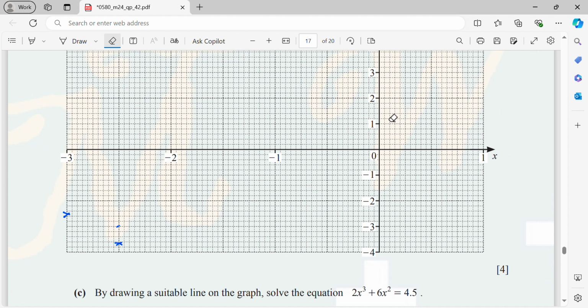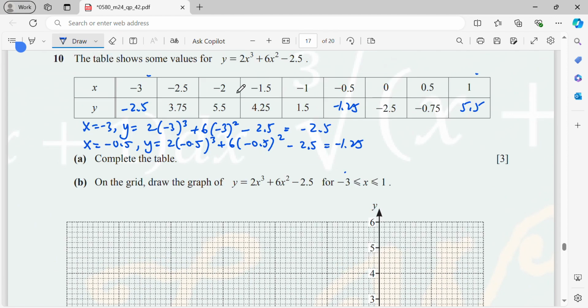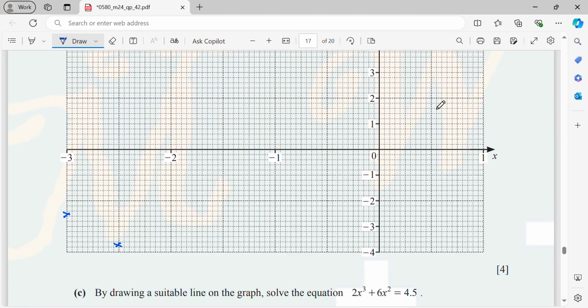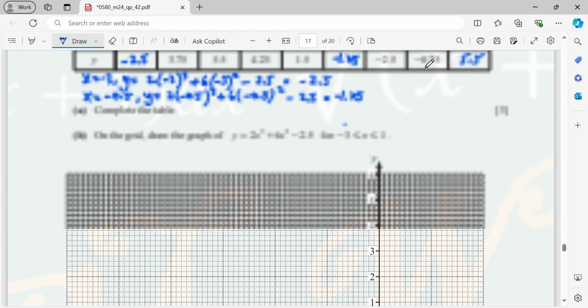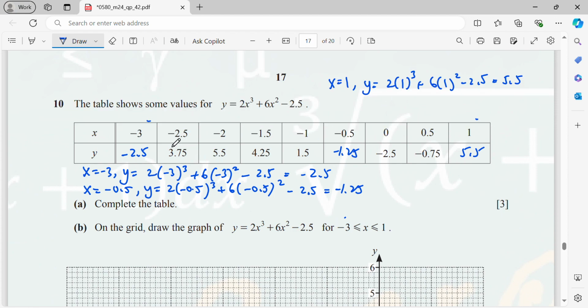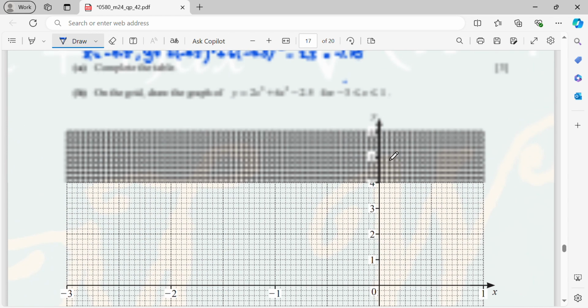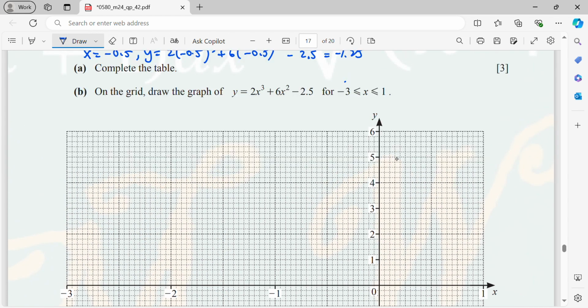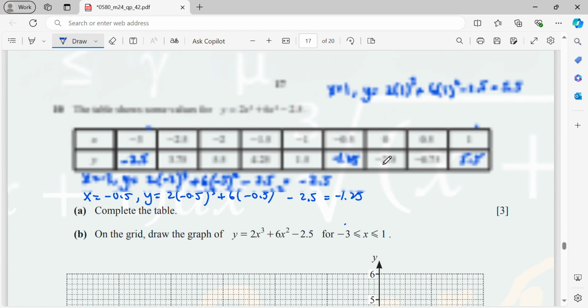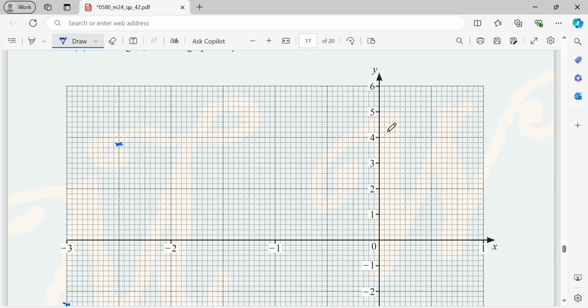Okay, almost 4, almost 3.8. Then minus 2, minus 2.5 is 3.75, positive. Then after that, minus 2 is 5.5.